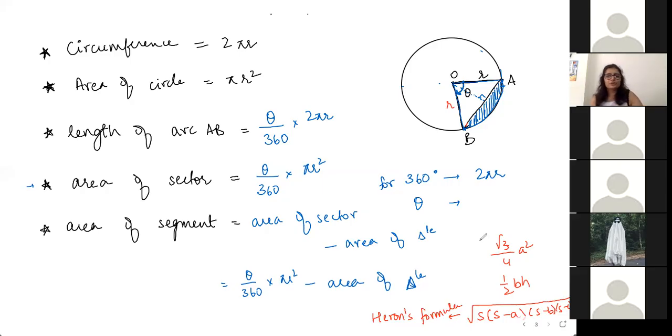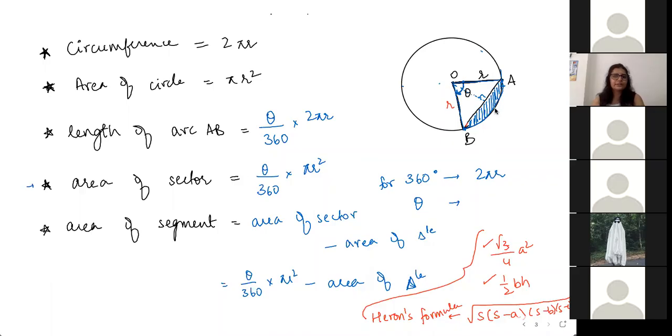Okay. So you will need to use your judgment depending on the situation, depending on what values you're given, what you'll be able to use. If you need an equilateral triangle, you have your formula. If it's a right angle triangle, or if you're given this particular height, then you can use half BH.